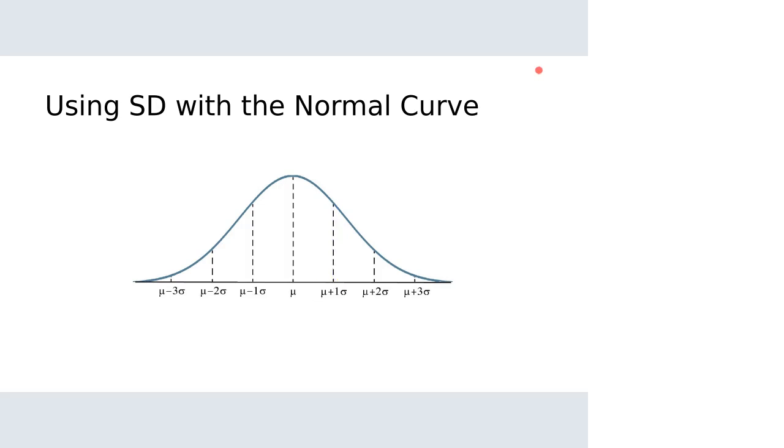Mu plus 1 sigma, where did that come from? Well, hang on a second. We know mu is just the mean, and sigma is just the standard deviation. So this is whatever the mean is plus 1 standard deviation. The way that we might describe this location right here is 1 standard deviation above the mean.